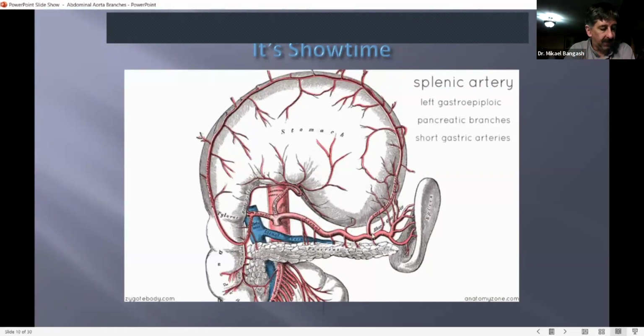And then just before it enters the hilum of the spleen, we've got the short gastric arteries, which supply the fundus of the stomach. And then we've got this branch given off called the left gastroepiploic artery. And this anastomoses with the right gastroepiploic artery, and it runs along the greater curvature of the stomach.